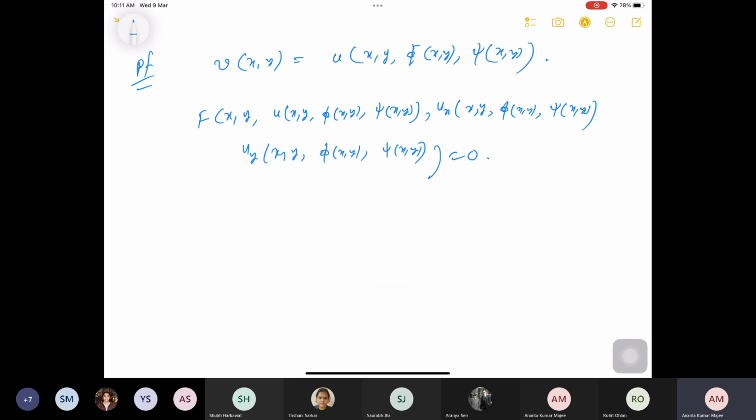So now since my v is C1, what I have is v_x of x,y.